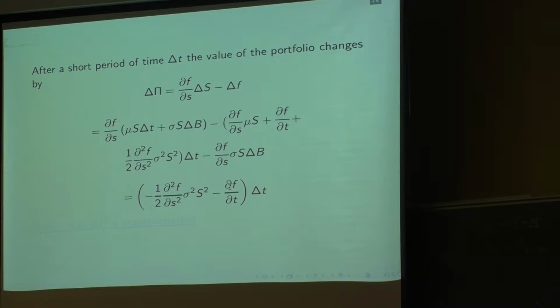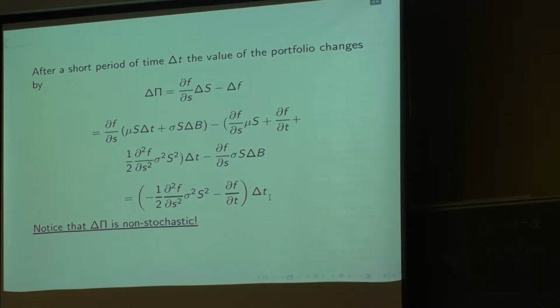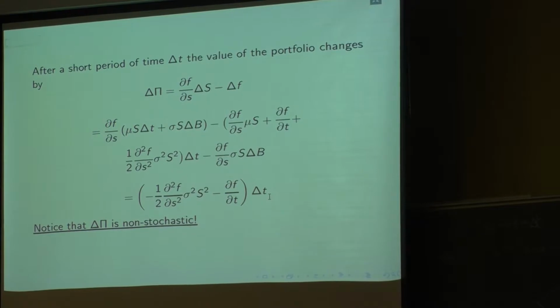So by how much is your portfolio going to change in value? By this number times delta t. This expression is non-stochastic. There is no random variable there. This expression can be computed in advance of this time period between t and t plus delta t. Right? And what do we know about an investment whose price at some point in the future is known in advance?